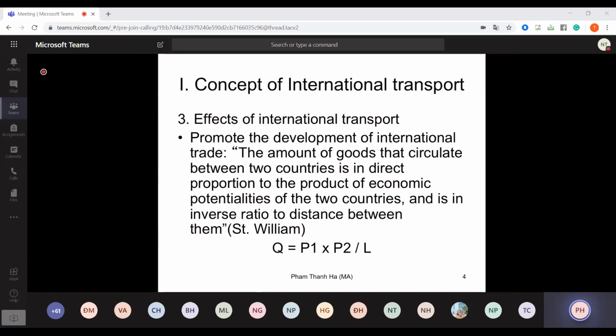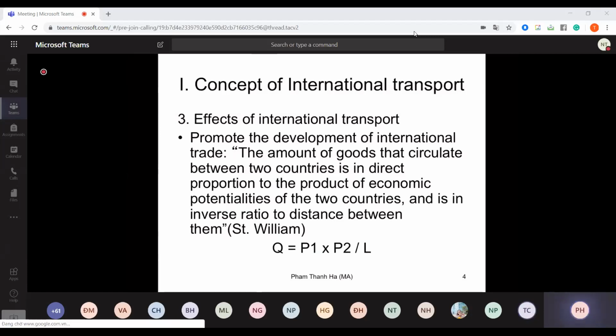Now, if you take a look at the concept of distance between two countries, can you list the different kinds of distance between two countries that you have heard so far? What kind of distance have you known so far?